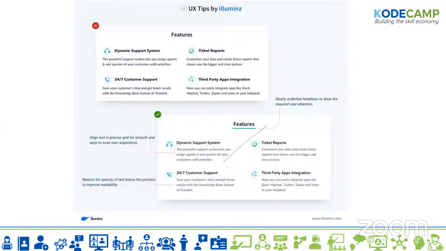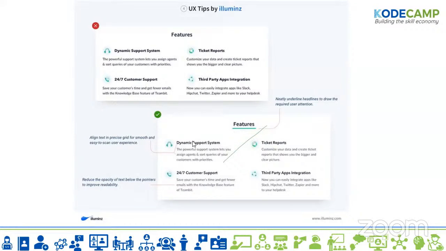Thank you very much. So as I was saying, it also reduced the opacity of text below the pointers to improve readability. I know that you guys don't really do this. When you put black as your title or heading, and then the body text is black too, that is not right. You should use a lighter color.